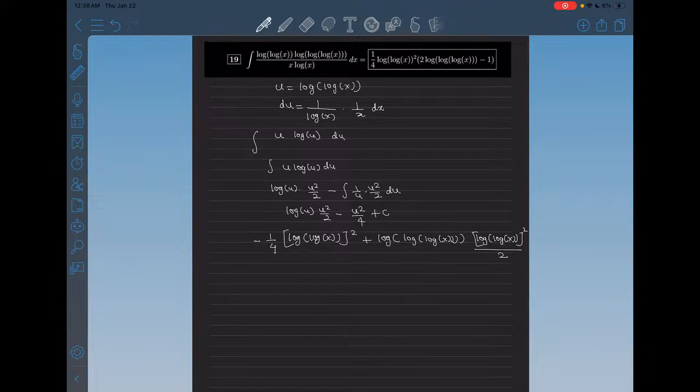Okay, so up here they took 1 over 4 log of x whole square common. That means they will have minus 1 over here, and they will have 2 times log of x.